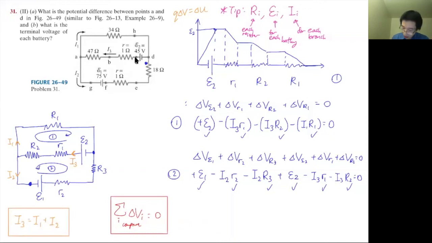So you can think of it as, first of all, the potential difference between A and D is the difference between here. So let me draw a bracket over here, AD. So you want the difference between here, right?